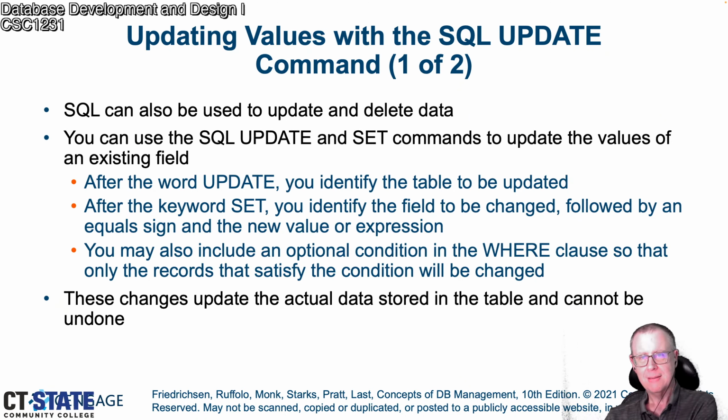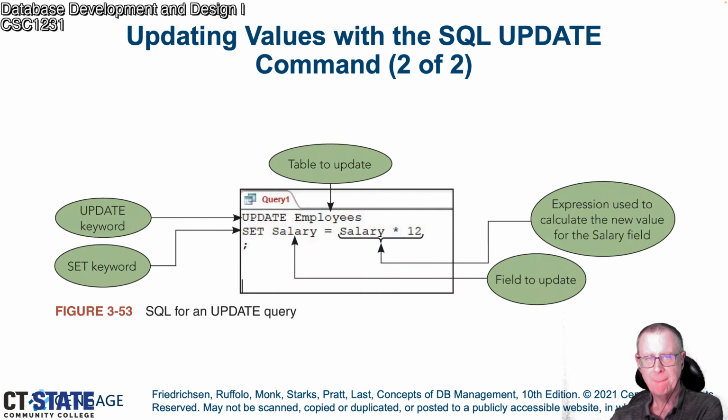So the next piece, UPDATE, where we want to change data, we use the UPDATE and SET keywords. So here's an example where we want to change the salary field from a monthly value to an annual value. And it says we UPDATE employees and we SET salary equals salary times 12. Now sometimes, some versions of SQL, some databases, will not let you do this.